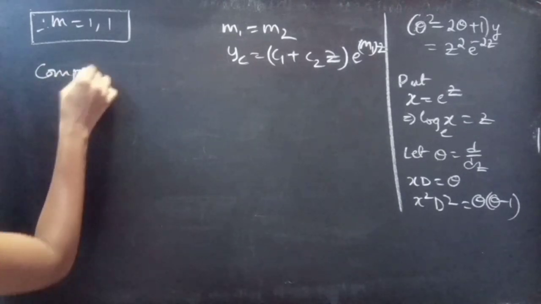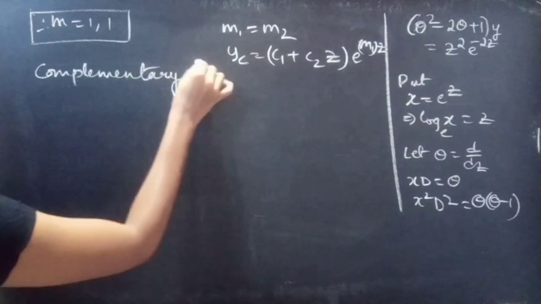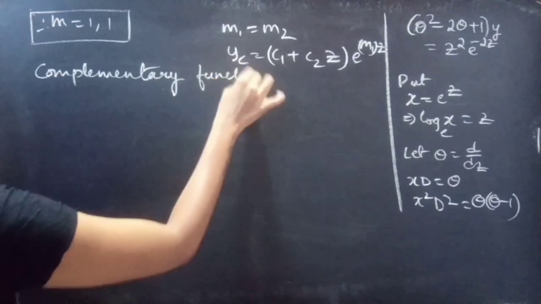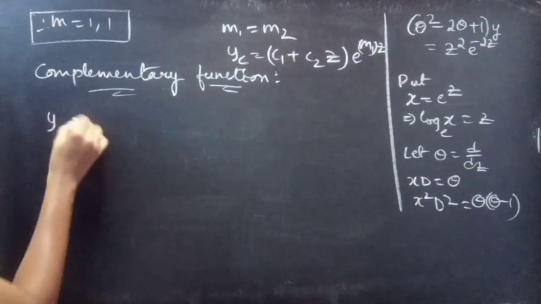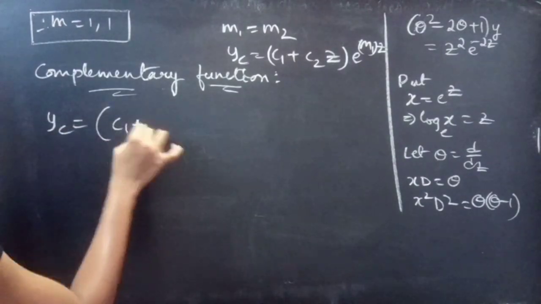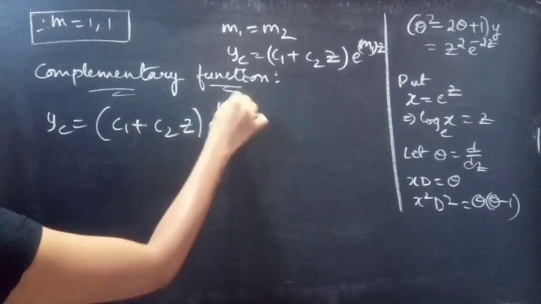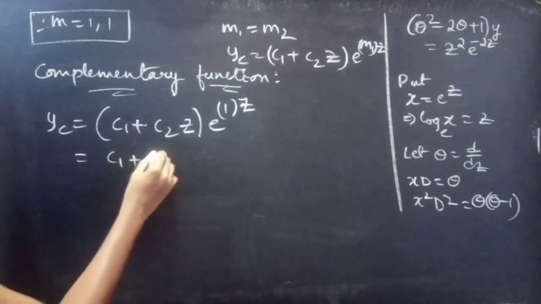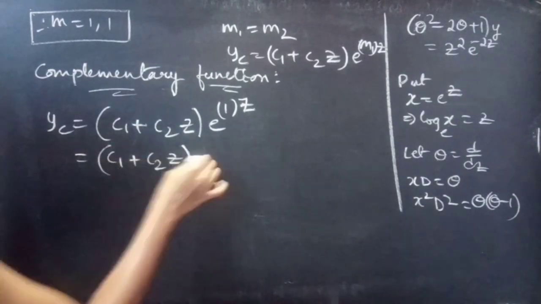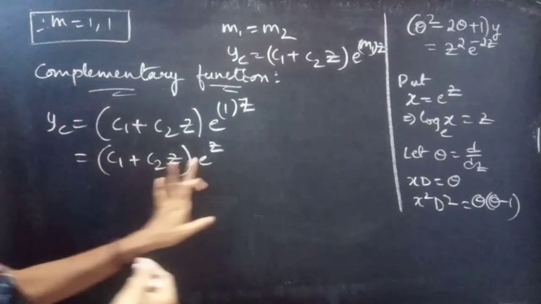Now let's write the complementary function. Our complementary function looks like yc equals to (c1 plus c2 z) into e power equal root 1 into z. This equals to (c1 plus c2 z) into e power z. Now we need to write in terms of x.